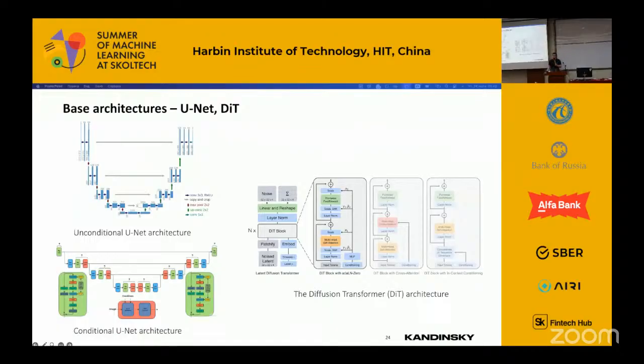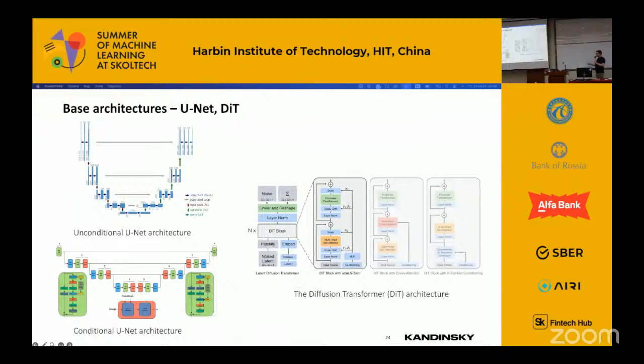You may construct the diffusion transformer in such a way that it takes the input and gives as output the same dimension of tensors. But the diffusion transformer is better in terms of scaling. You understand?